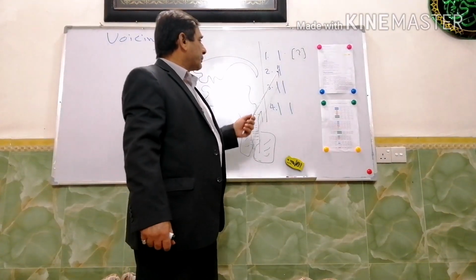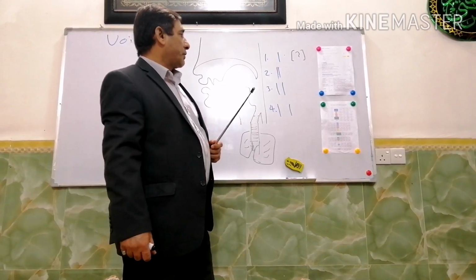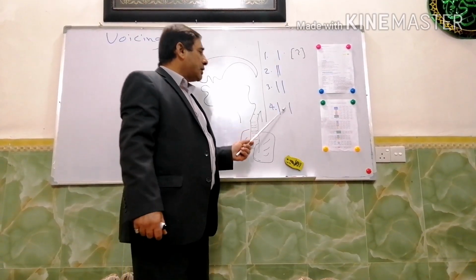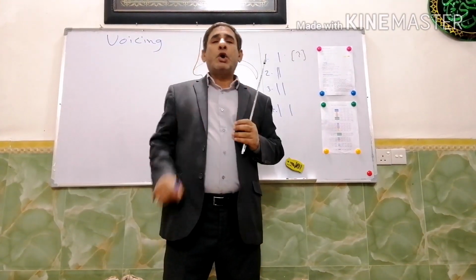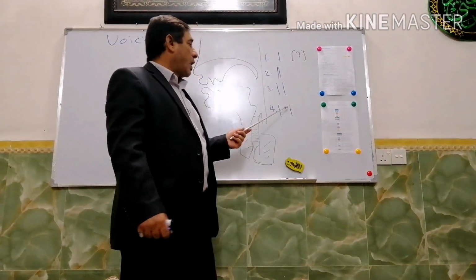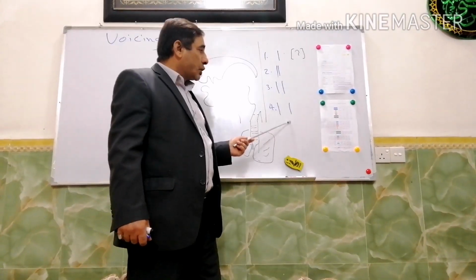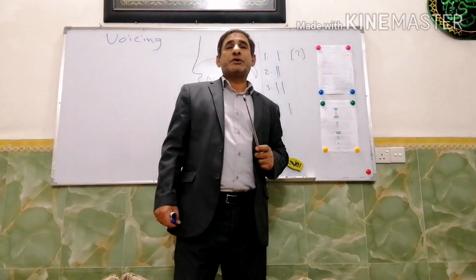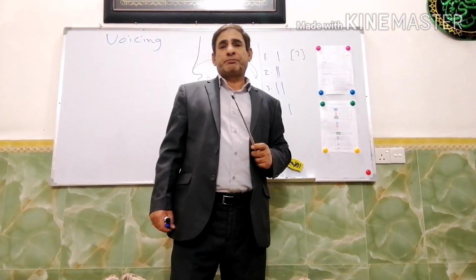Now, look at this please, at the fourth state. Here, the vocal folds are far from each other, widely open. When the breath passes through them, it passes without causing any vibration or friction.